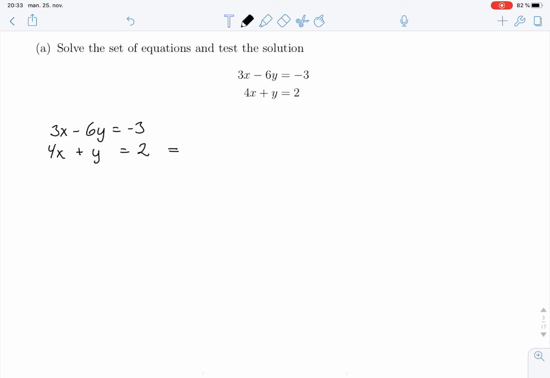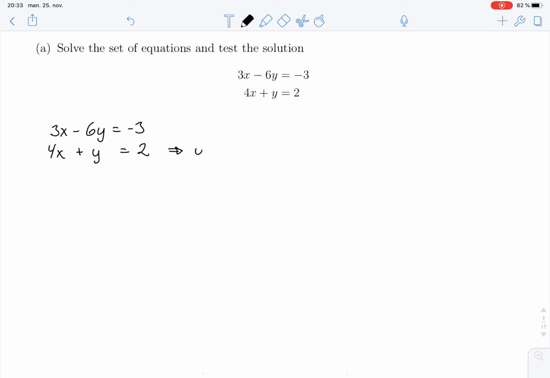In this case, it's very easy to find an expression for y, and you can insert the expression for y in the first equation. If you write something like this, I will see what you're thinking, and then it's easy to follow your thoughts.